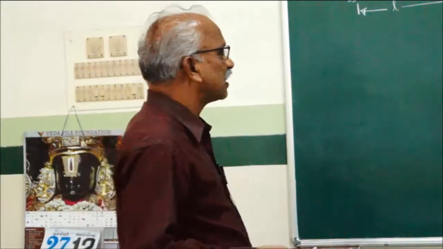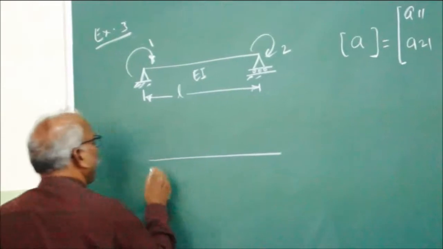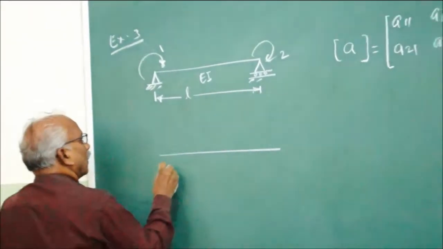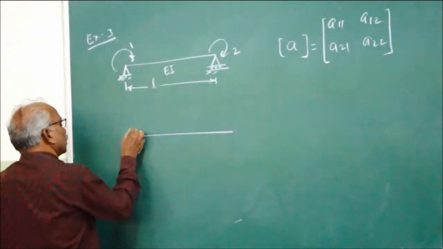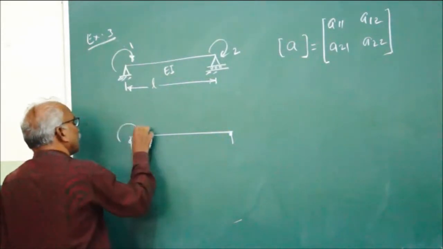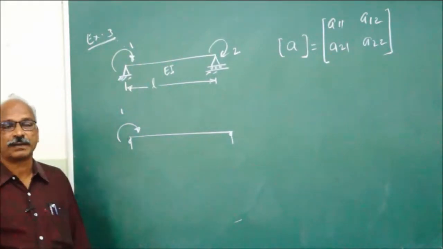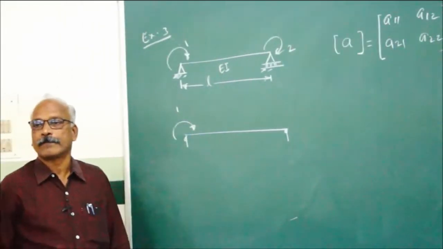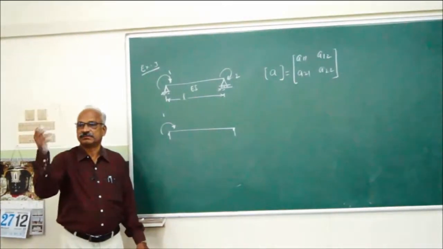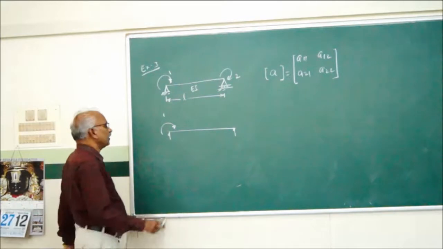Now for getting the first column, let us apply unit force along coordinate 1 only.